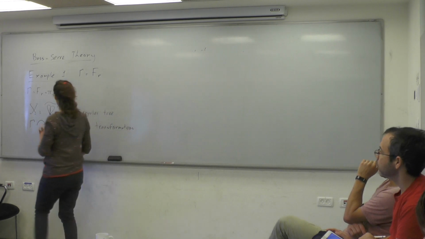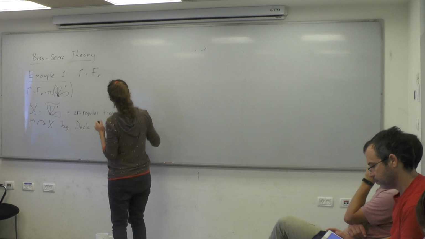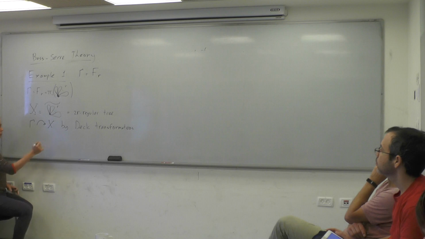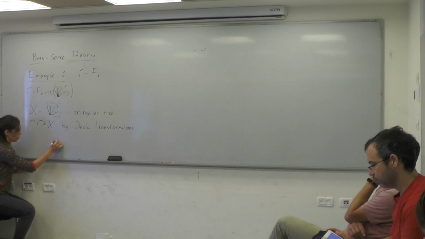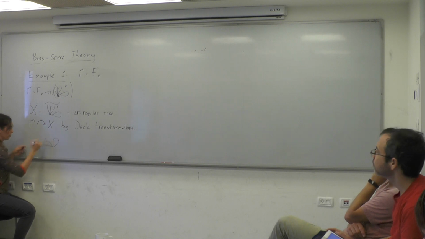Let me draw it once, just to be sure that we are talking about the same thing. If our bouquet of circles is the free group on two generators, then we have one loop for each of a and b.